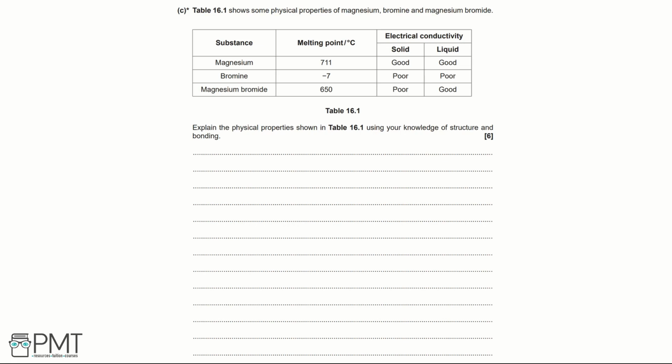Part C. Table 16.1 shows some physical properties of magnesium, bromine, and magnesium bromide. Explain the physical properties shown in Table 16.1 using your knowledge of structure and bonding. So firstly, let's look at magnesium. So the structure of magnesium is it's a giant lattice, and it's metallically bonded.